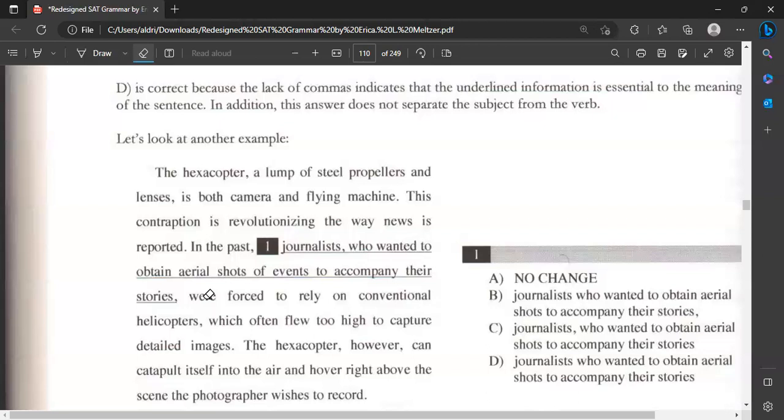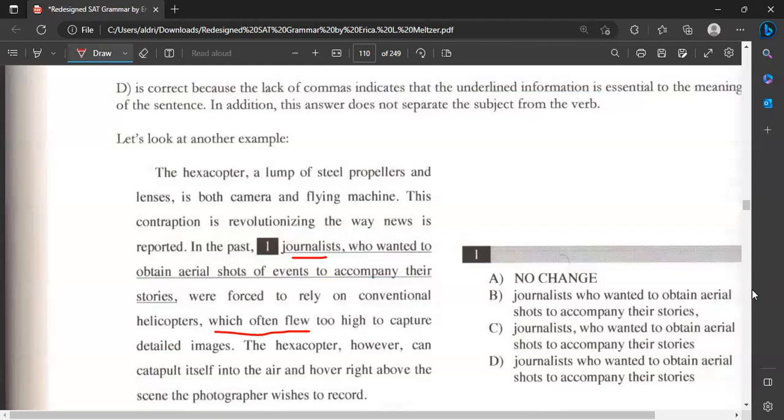You're creating a whole different non-essential clause, right? Journalists which often, so you're moving from journalists to which often flew too high. That doesn't make sense, right?